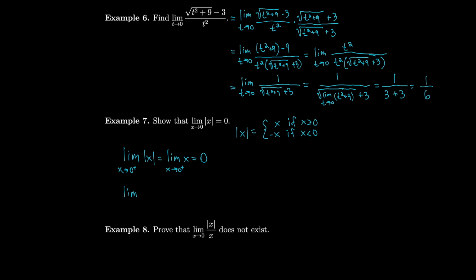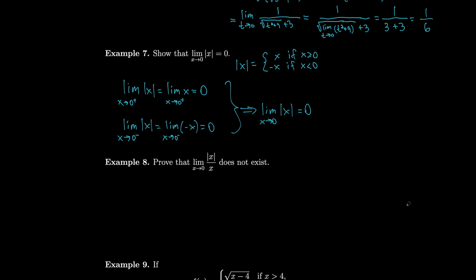Similarly, if we look at 0 from the left, that means we're looking at negative values. So that means we're looking at the negative definition for our absolute value function, which is minus x. And again, we can plug in and get 0. Since these two limits agree with each other, that implies that the two-sided limit is also 0, because it has to agree with the left and right-handed limits when they agree.